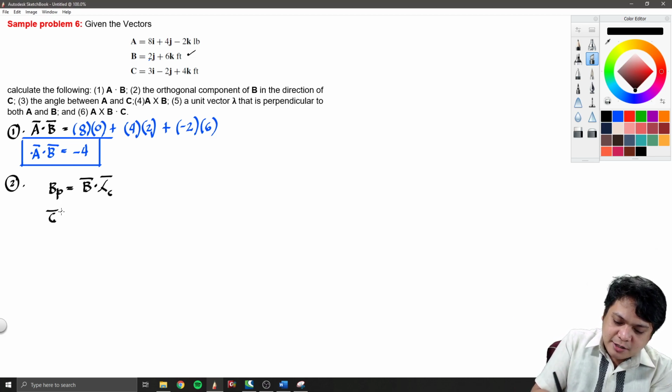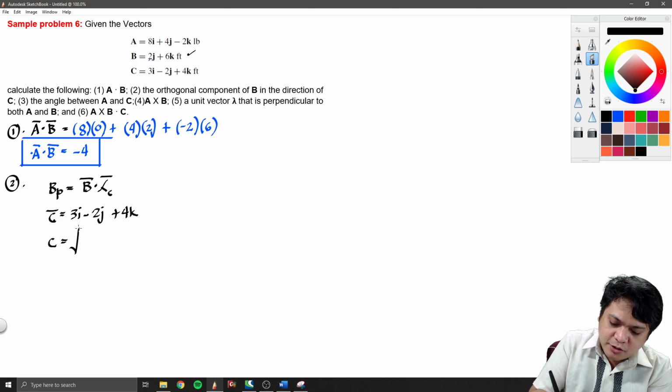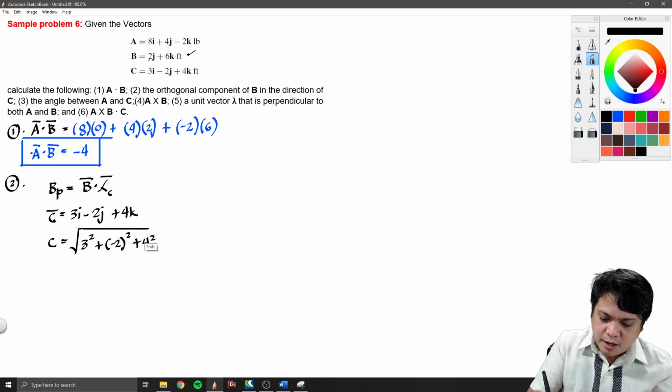I-rewrite ko lang. So, that is equals to 3i minus 2j and then plus 4k. Okay? Para makuha ko yung value nito, gagawin ko is i-squared ko. So, that is negative 2 squared plus 4 squared. Okay? So, I will now have this one.